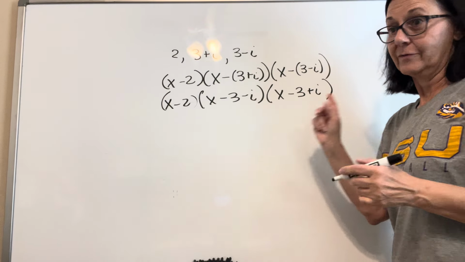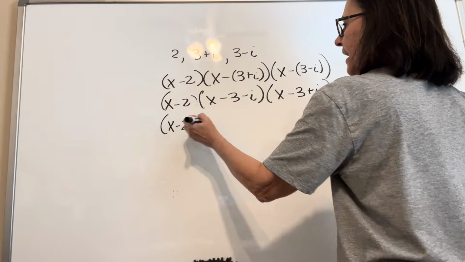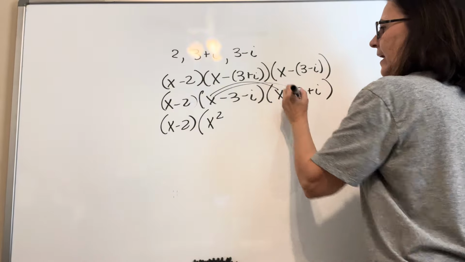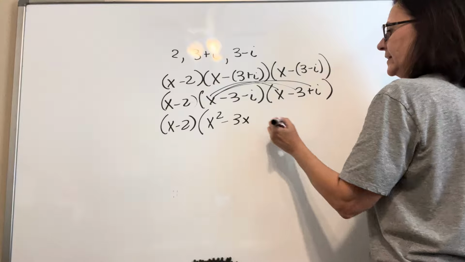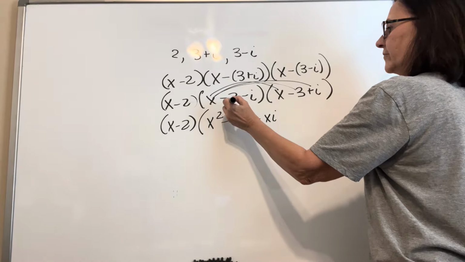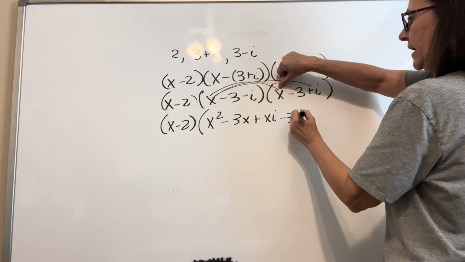Well, not FOIL, distribute. We'll do x minus 2 last. x times x is x squared. x times negative 3, negative 3x. That's plus xi. Now we're going to do the negative 3. Negative 3 times x is negative 3x.